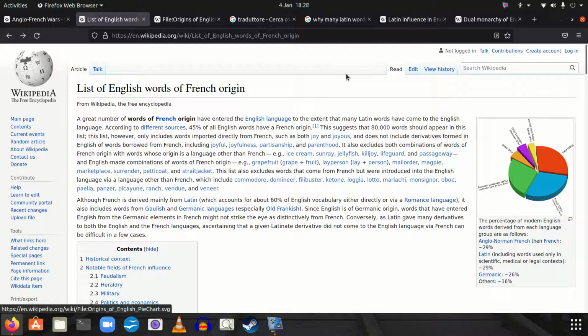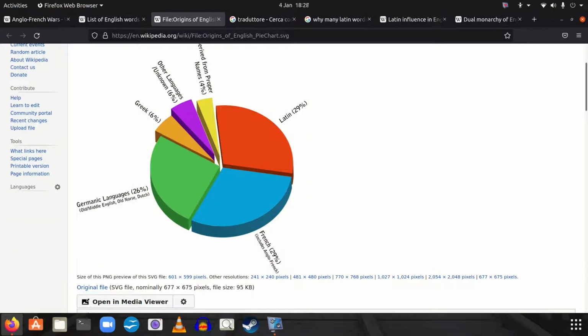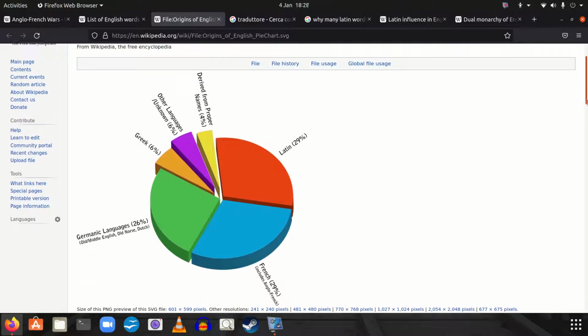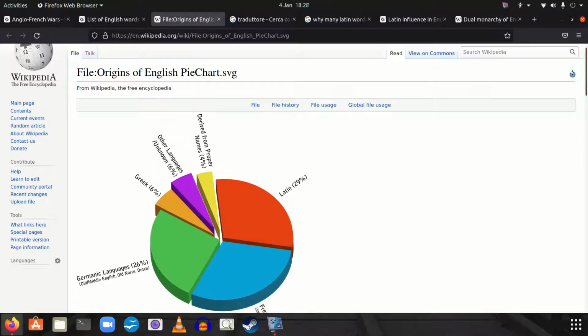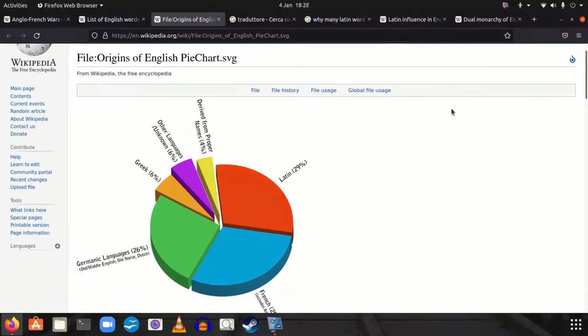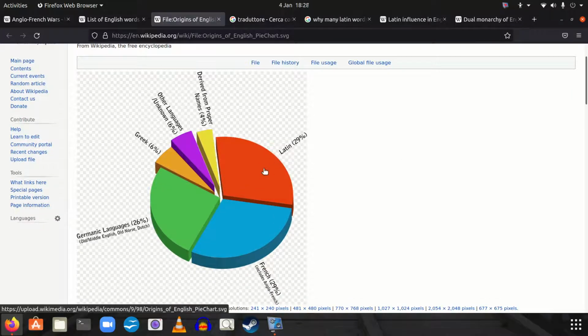First of all, I want to start with this graphic. Here is shown the origins of the words in the actual English language. We have 29% from the Latin, 29% from the French.